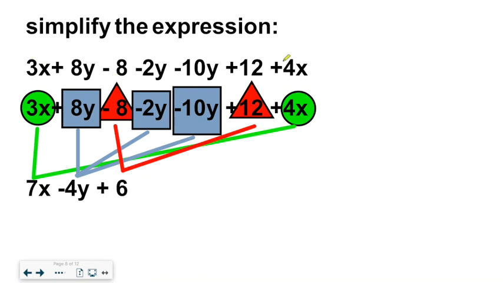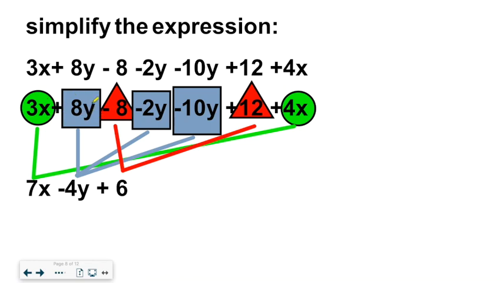Simplifying is the ones where we had a long number sentence like this, and we had to simplify them. We combined like terms. We had the manipulatives. And what we did here is, if you look, we have all of our x's in a green circle. Now we have all of our y's in a blue square, and all of our numbers in a red triangle. And since those are all the same terms, they have the same power and the same variable.